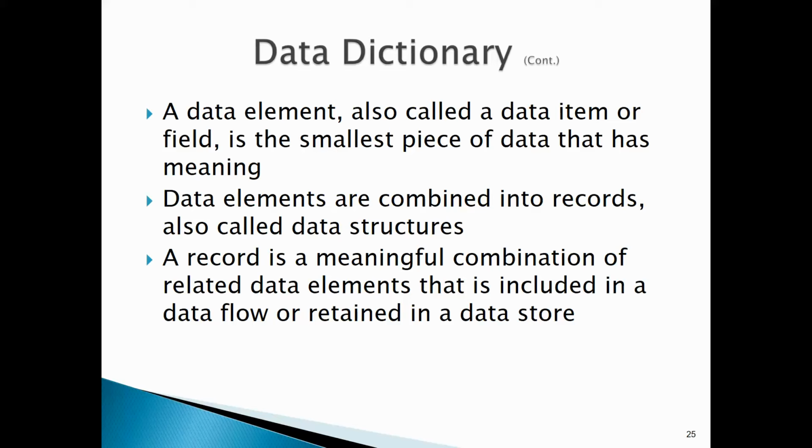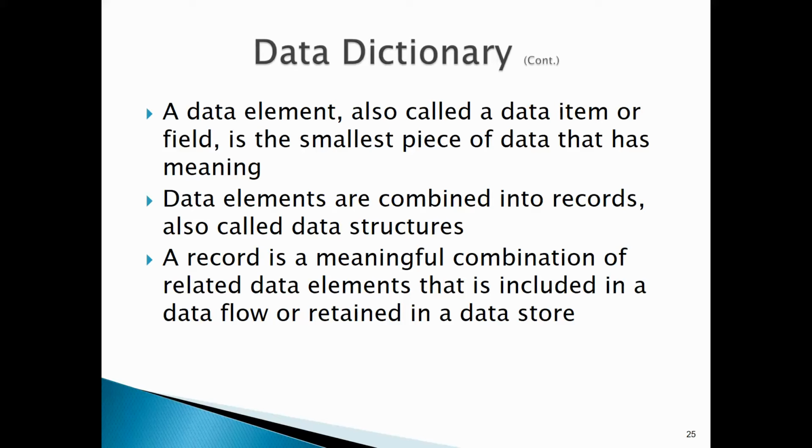So elements are combined into records. An example would be a customer record, and in a customer record we would have data items or fields that describe that customer. CUST underscore F name, customer first name, customer last name, customer date of birth. You get the idea. And normalizing it, we wouldn't just have customer address, we'd have customer street number and then customer street name.